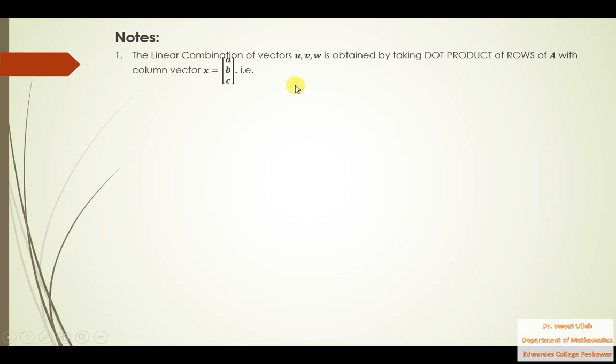Now in this slide, we will be studying that the linear combination of three vectors is obtained by taking the dot product of rows of a matrix with column vector x.